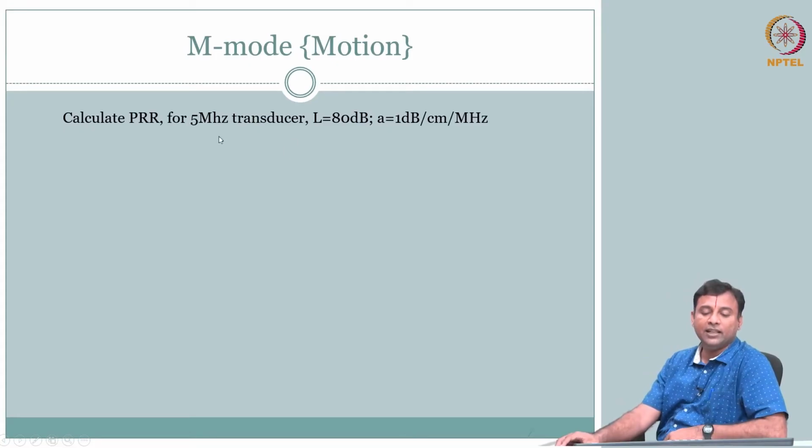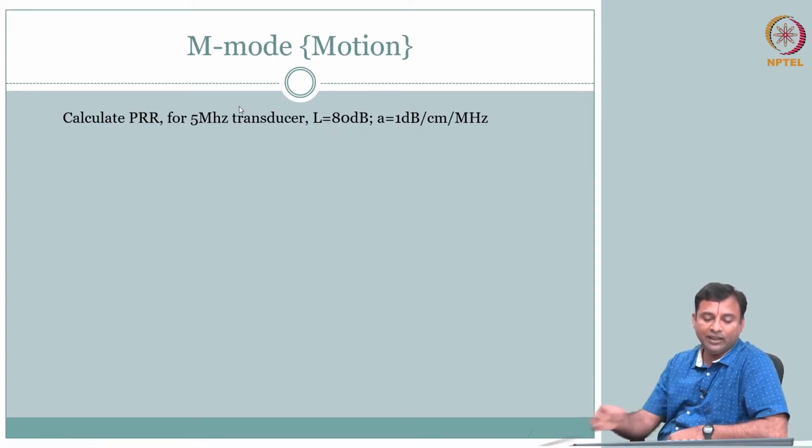Say a 5 megahertz transducer, and the loss is given. So I pretend I want to do this heart imaging. I am given a transducer. How fast can I go? Just to get an appreciation for the number, if you have 5 megahertz and alpha is 1 dB per centimeter per megahertz, that means alpha will be 5 dB per centimeter.